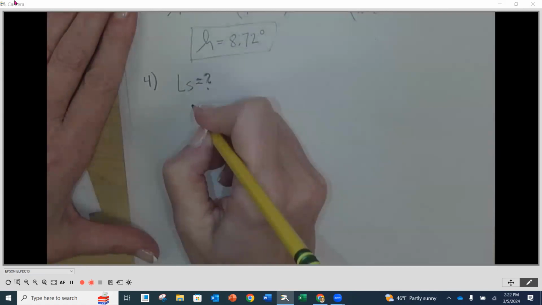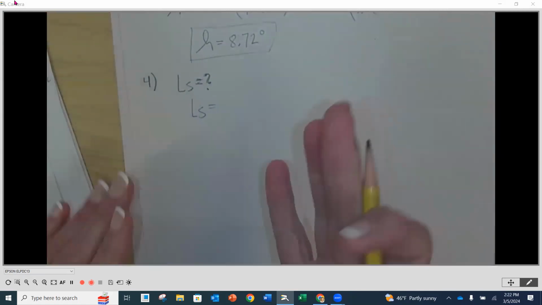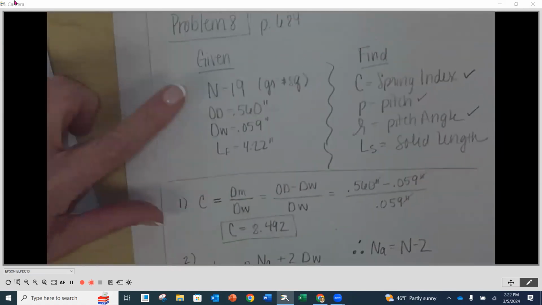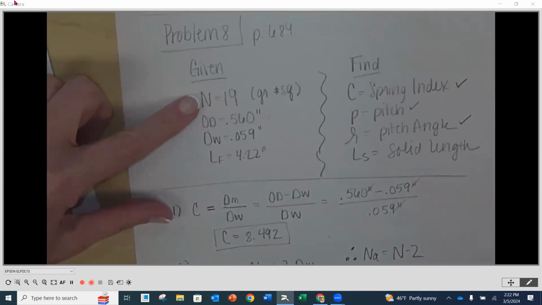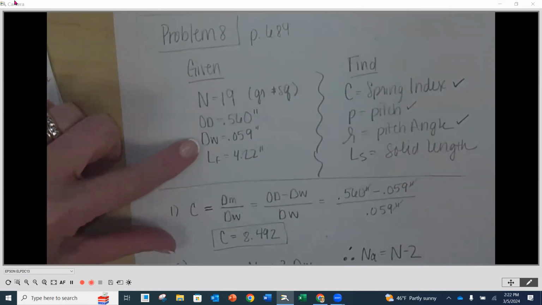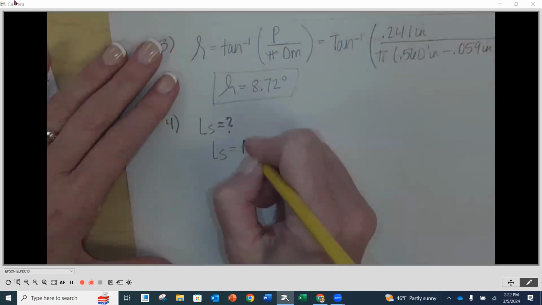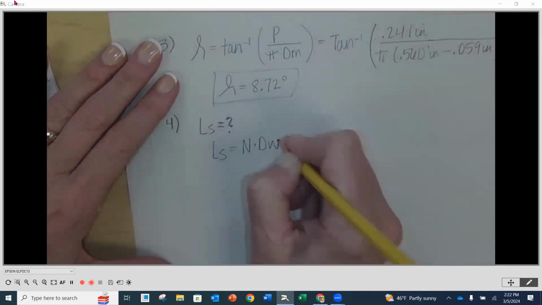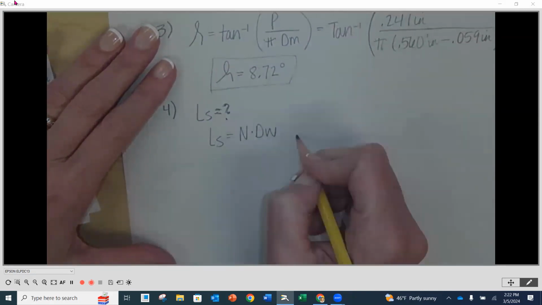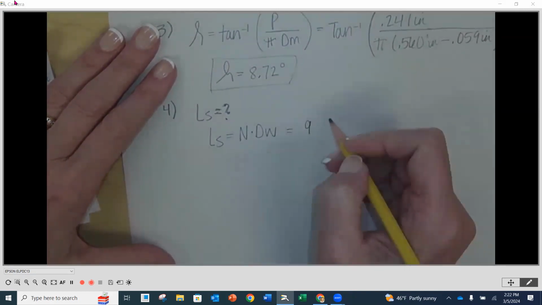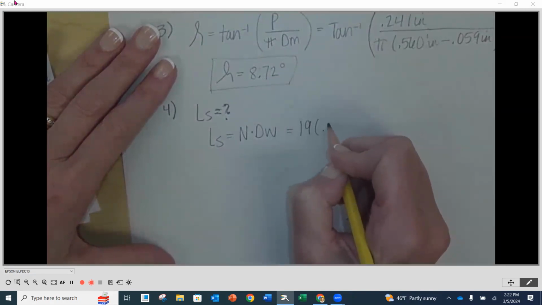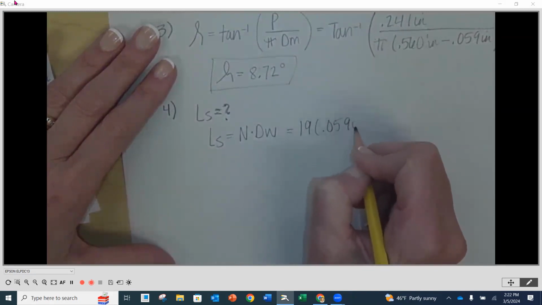So LS in this case is going to be using the data that we were given. We're going to take the number of coils, 19, times the diameter of the wire. So N times DW, make sure you write that out for me. That's 19 times 0.059 inches.